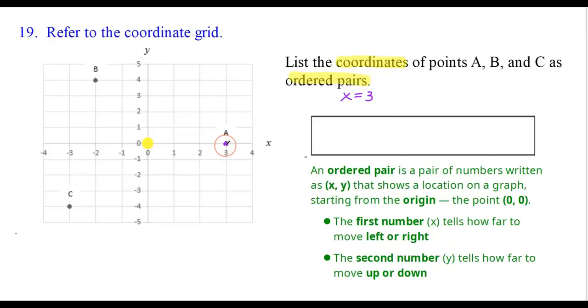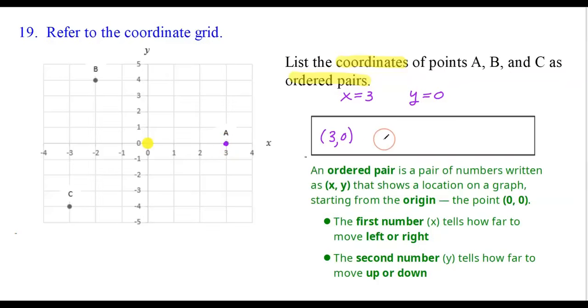Now, the second number tells us how far to move up or down. So how many units do I move up or down from here? I don't move at all, so I move up or down 0 units. That's my y value. So y equals 0. So again, I recommend you read this. So the x-coordinate is 3, the y-coordinate is 0, and we will write that as an ordered pair, 3, 0. So this describes the location of point A.